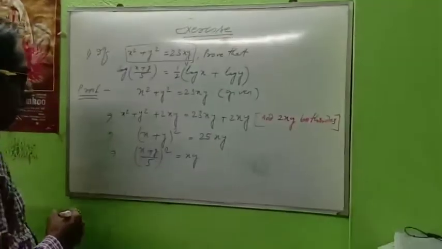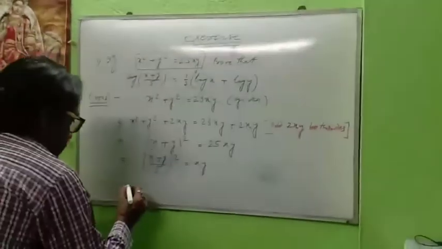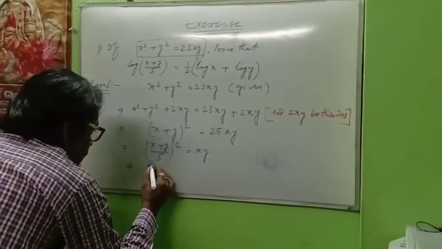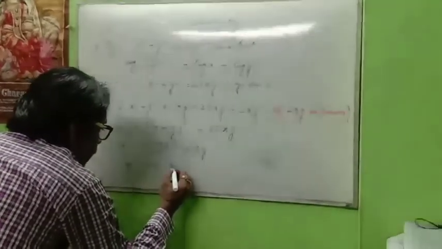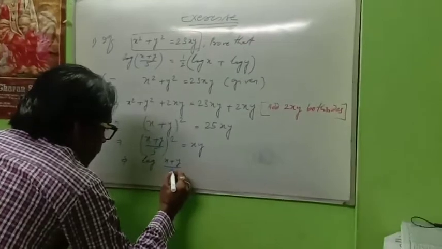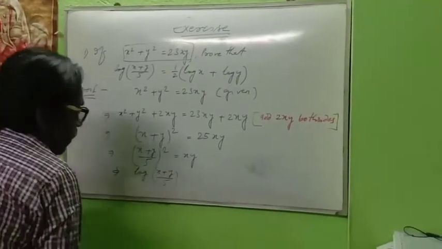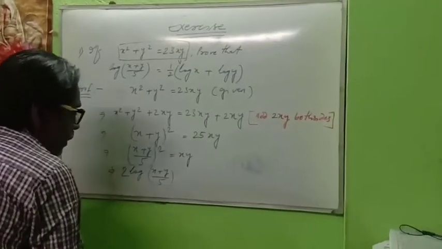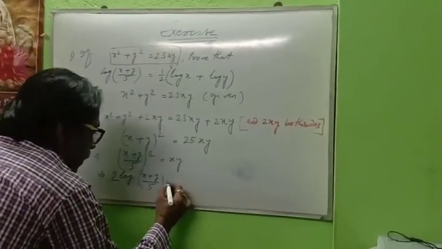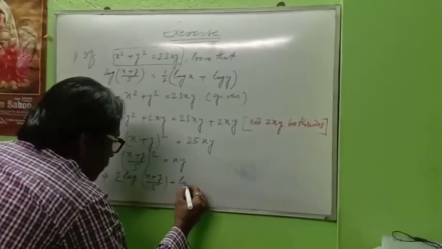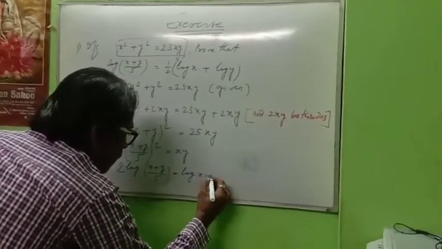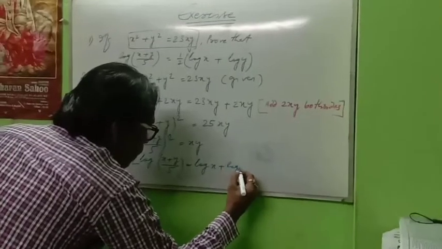Now taking log both sides. If I take log both sides, this will be log of x plus y by 5 whole square. This square will come in front as per property 2, 2 log of x plus y by 5, and this will be log xy, which as given is log x plus log y.